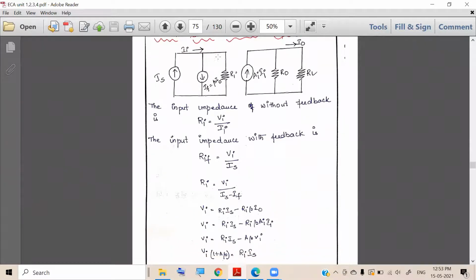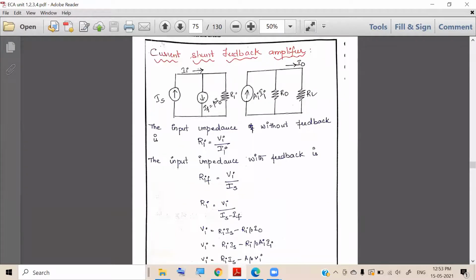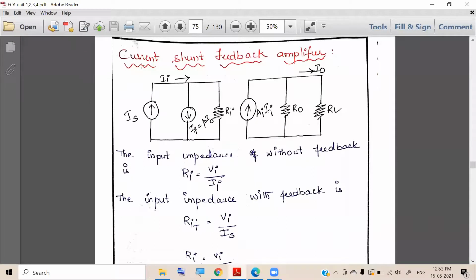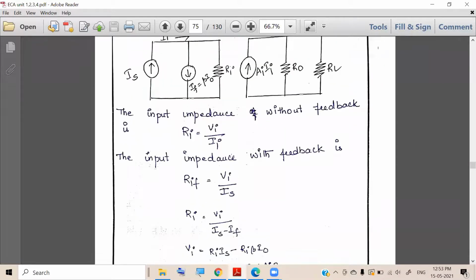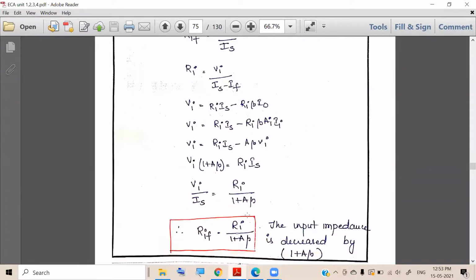Current shunt feedback. What happens? Because at the output we have series connection, output resistance increases, input resistance decreases. So input resistance is decreasing by a factor of 1 plus A beta; this derivation we just now discussed.